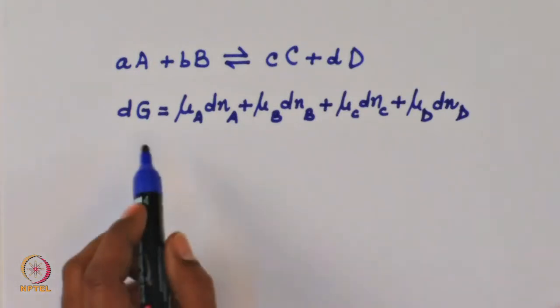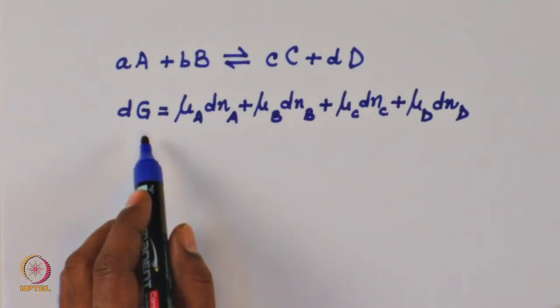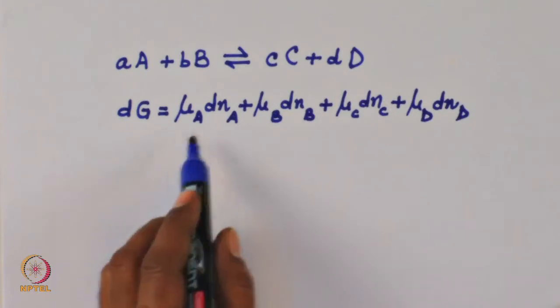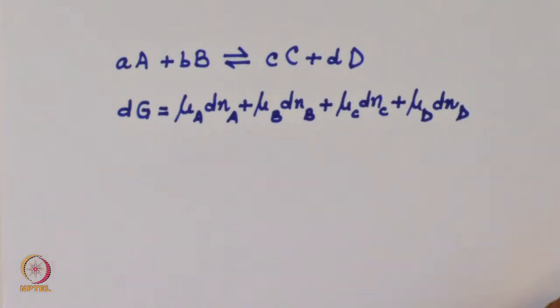You write down the change in Gibbs energy in terms of chemical potential. This is at constant pressure and temperature.